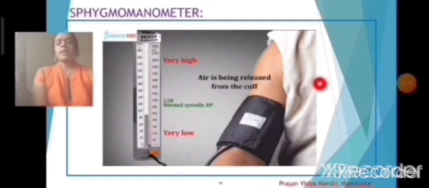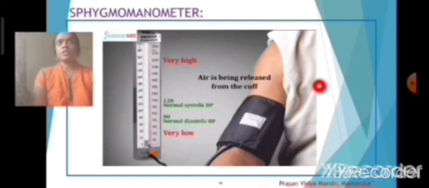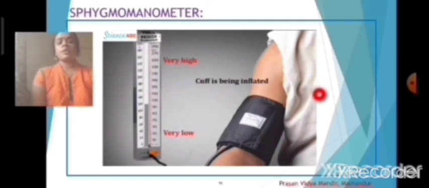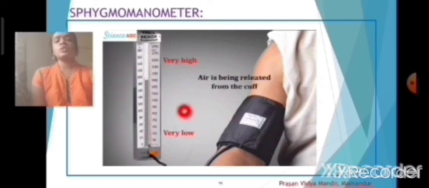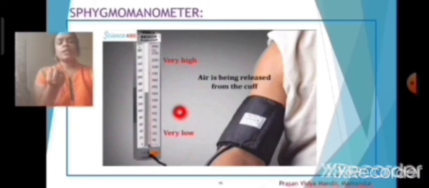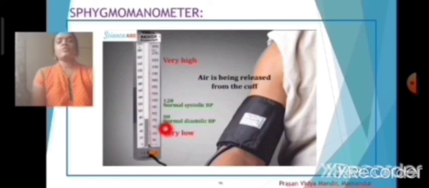The sound is heard in the stethoscope, and that point is noted as the systolic pressure, 120. As we gradually release the rubber bulb further, at some point we will not hear any sound, and that is noted as the diastolic pressure.